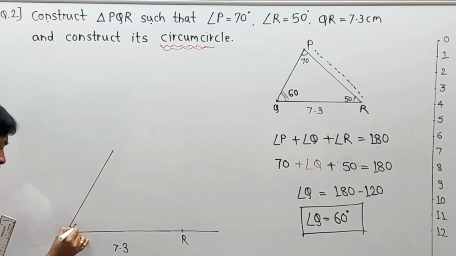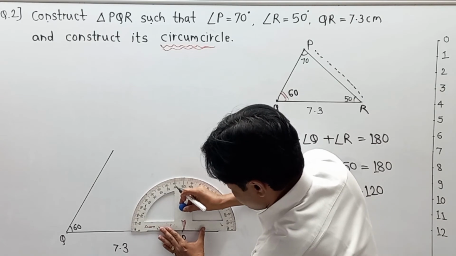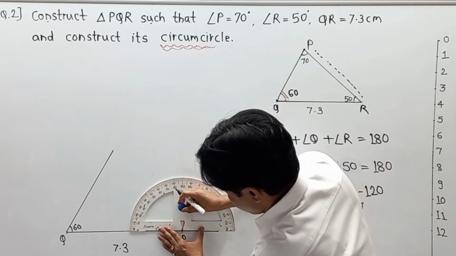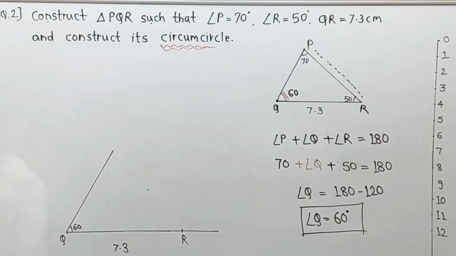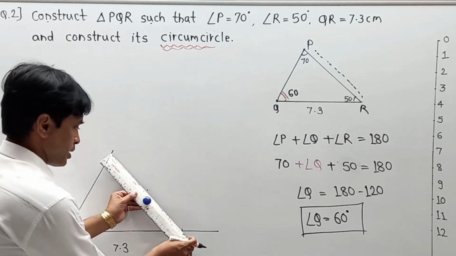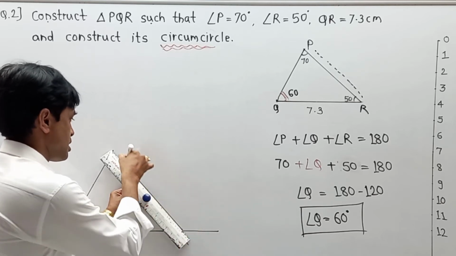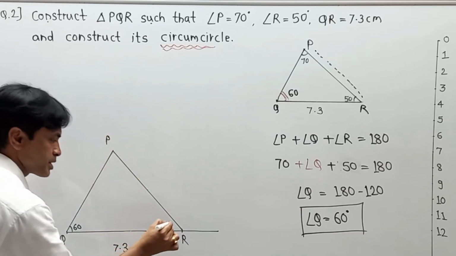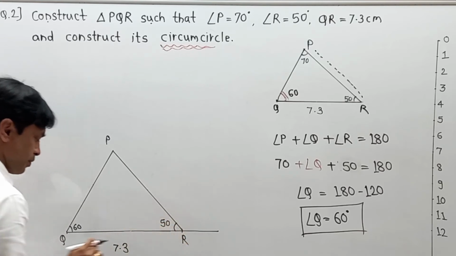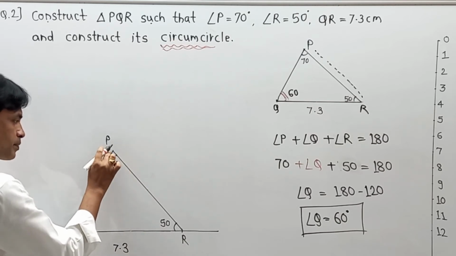Angle Q as 60 degrees, and from angle R we have to take 50 degrees. Now this is your angle P. One angle is 60 degrees at Q, angle R is 50 degrees, and automatically your P becomes 70 degrees.